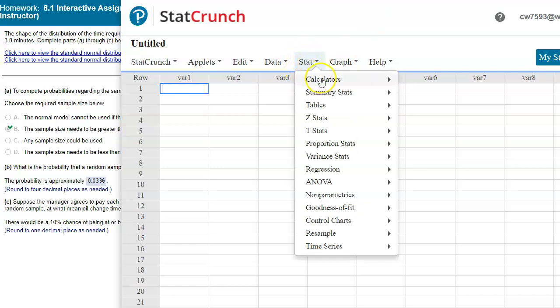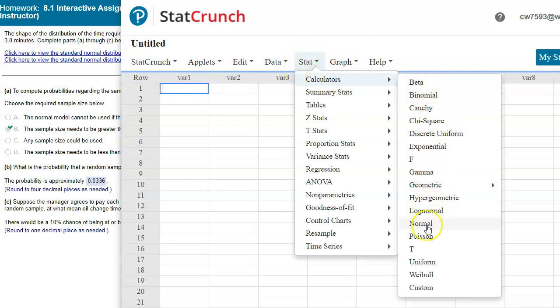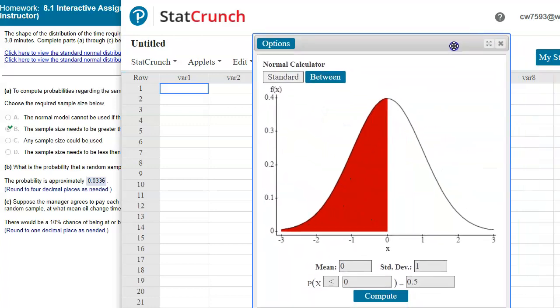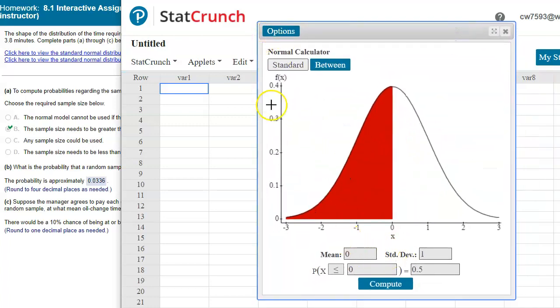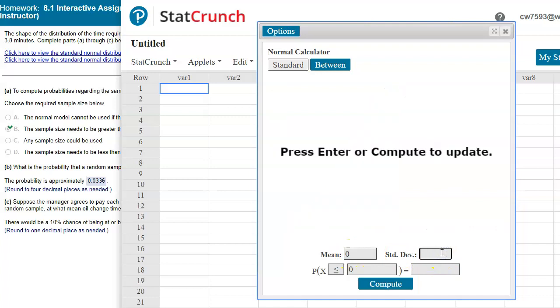And here I'm going to go to Stat, Calculators, and Normal. Let me move this over just a little bit. So this is where I type in that adjusted standard deviation, and I'm getting, when I do that calculation, 0.601. Again, that was 3.8 divided by the square root of 40, and I'm just rounding to 3 decimal places.